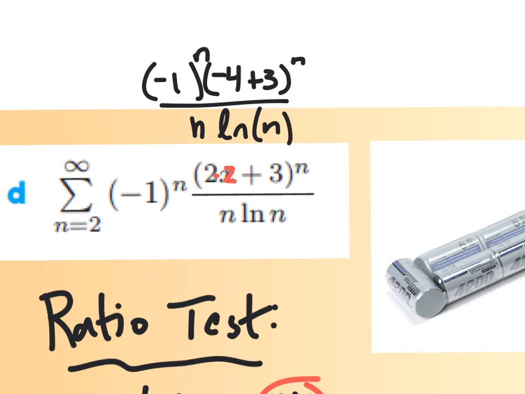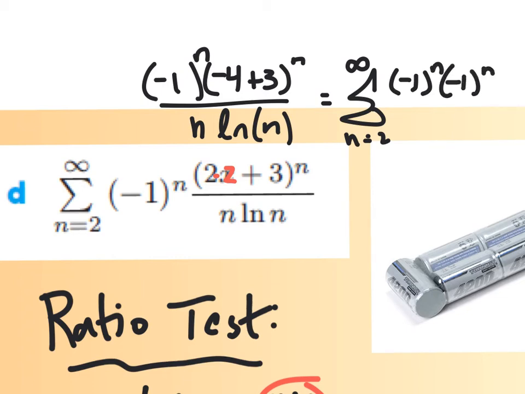Yes, negative 4 plus 3, so that'd be negative 1. Let's look at this series now, from n equals 2 to infinity of negative 1 to the nth times negative 1 to the nth over n natural log of n.